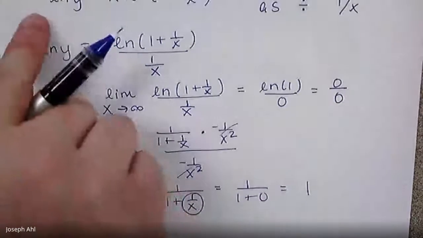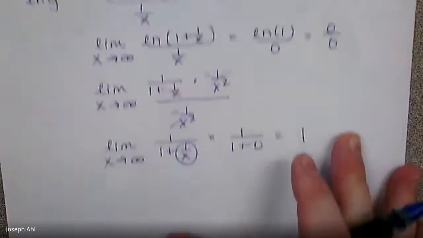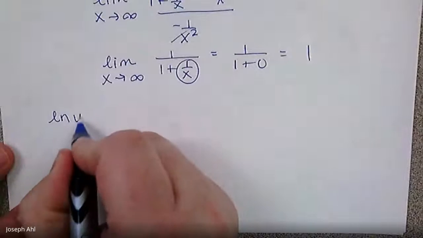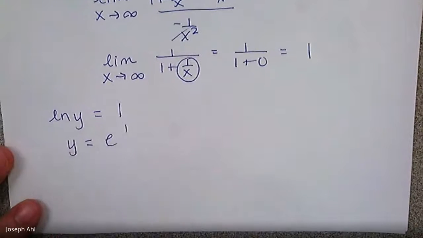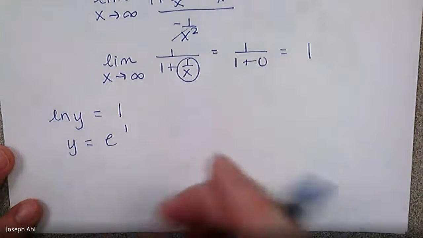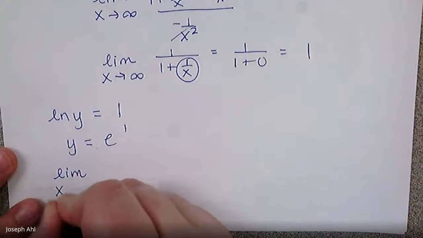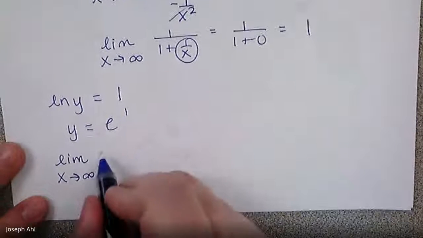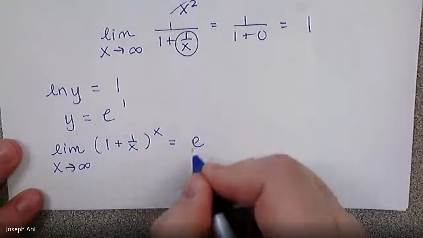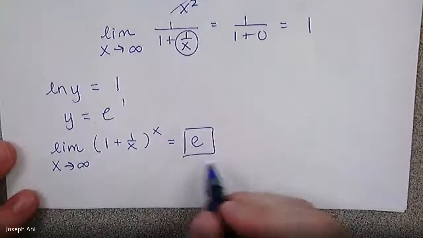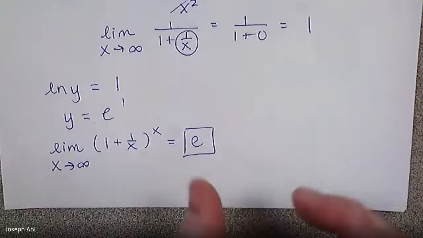Now keep in mind, this is what ln of y equaled. So bring it on back down. If the ln of y is equal to 1, then y is equal to e to the first. So if the limit as x goes to infinity of my quantity y, which by the way was 1 plus 1 over x to the x, we've just justified and proven that this limit is truly e.